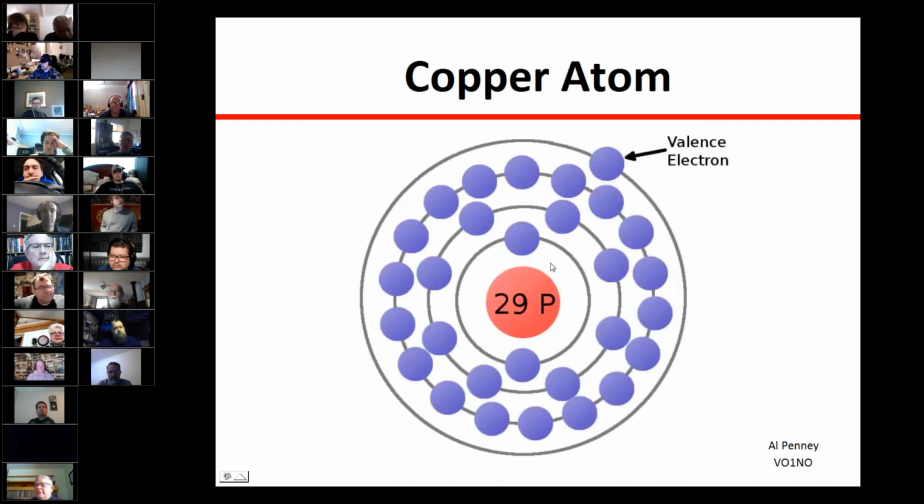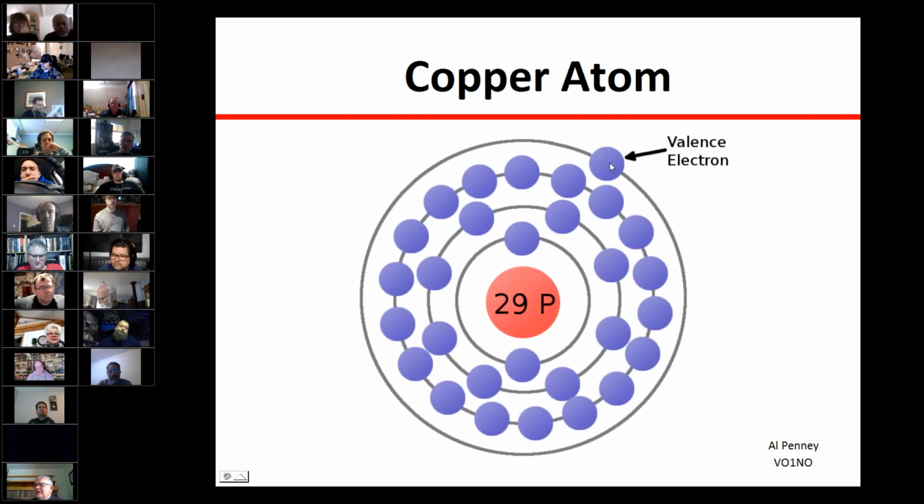So here's a copper atom. It's got 29 electrons, but the outermost electron, the valence electron, is by itself, and that means it doesn't have much to tie it to. It sort of feels distant from these inner ones. They form a clique, and this guy says, well, I'm not really part of your clique. I like to travel a bit more.